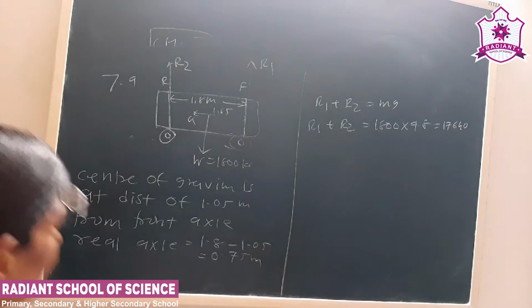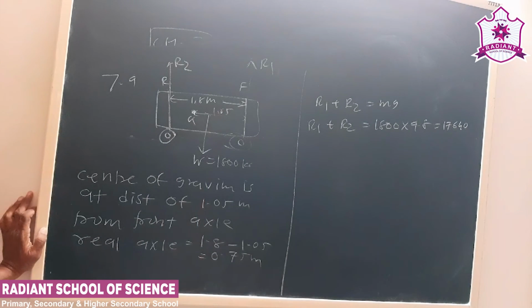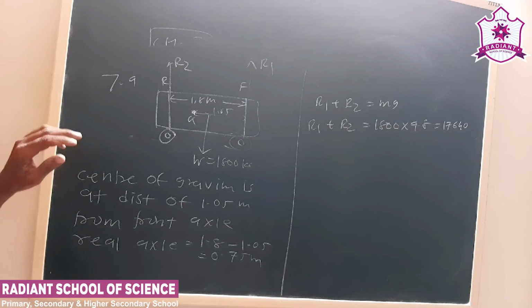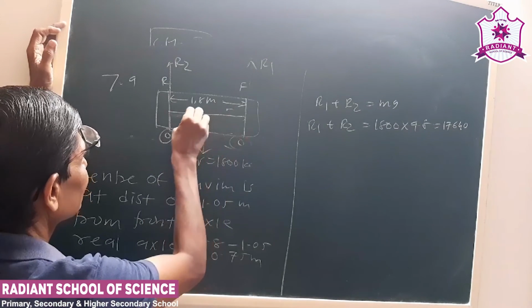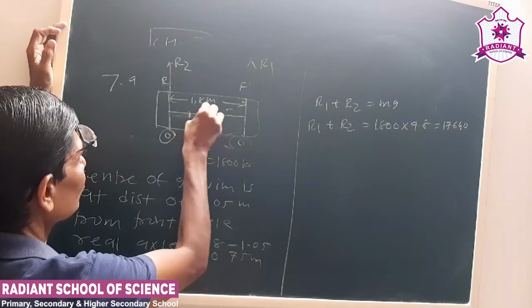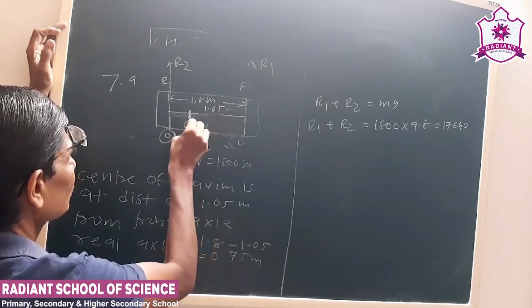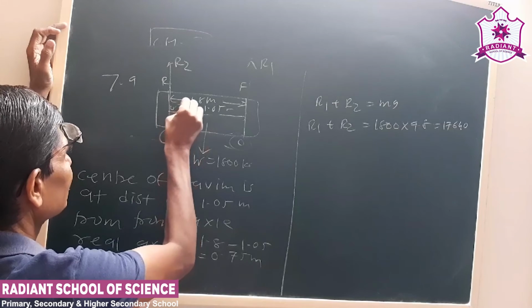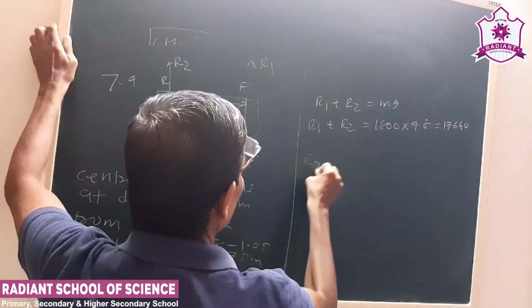Now see, G is the center of gravity, which is at a distance of 1.05. Let us say this is 1.8 and this is 1.05. So what will be this? Center of gravity will be at 0.75. See, the reaction R2 is at 0.75 meter.